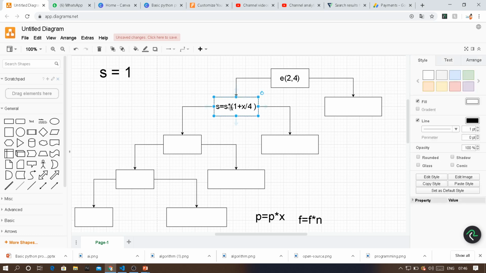Just remember one thing: in the next process, this s value should be a changed value. s should not remain 1, s should be changed. According to recursion, whenever you call a recursive function, a new activation area is created, and in each new activation area a new variable is created. So it's a different copy.